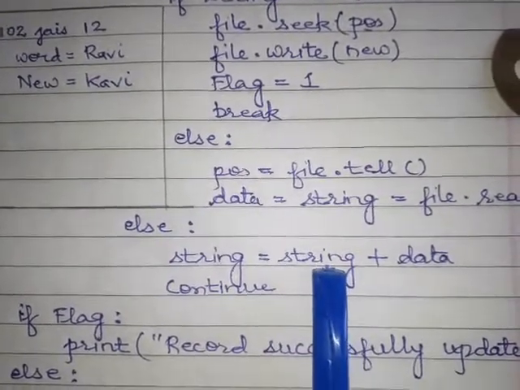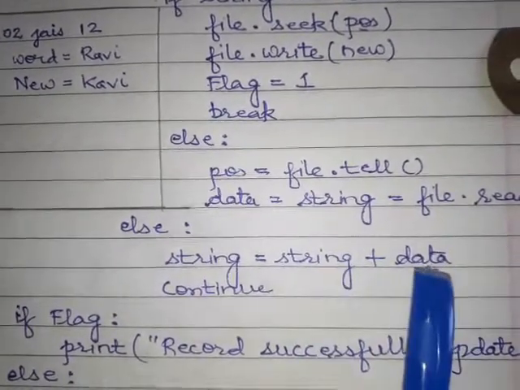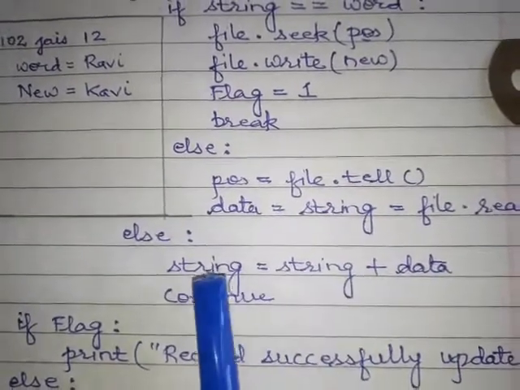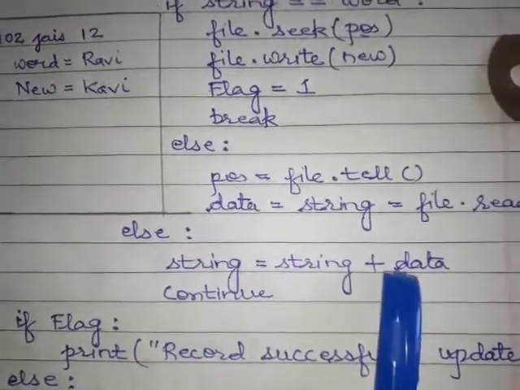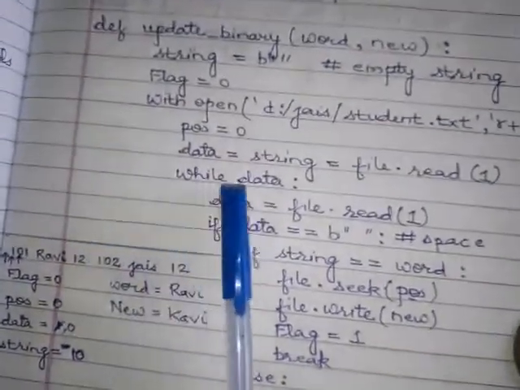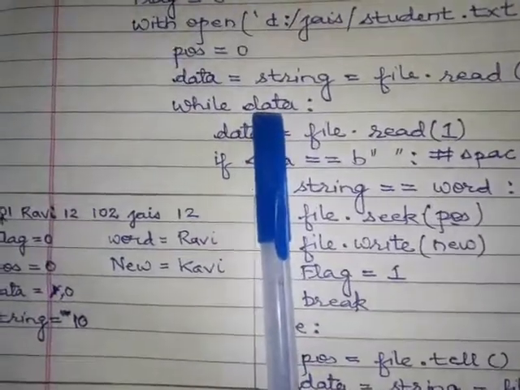Whatever the previous value of string, it concatenates with the new value of data. Data contains 0, string contained 1 previously, so now the string contains 10. After this, continue means go to the while loop again.